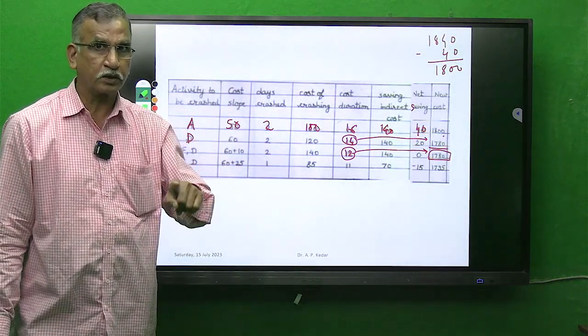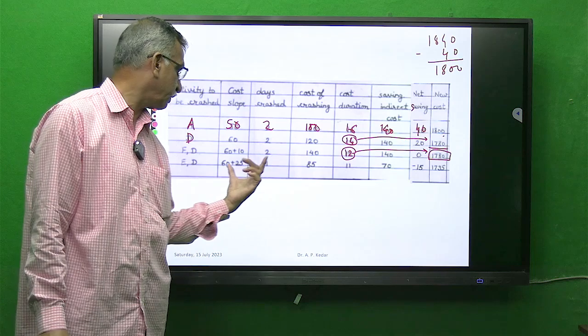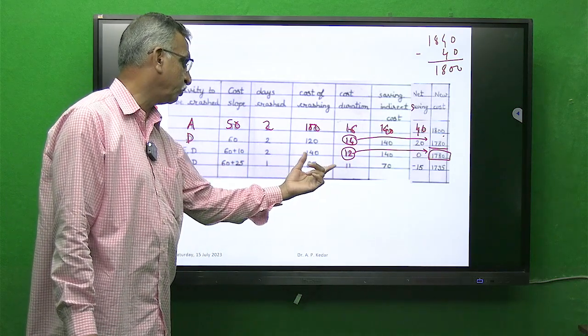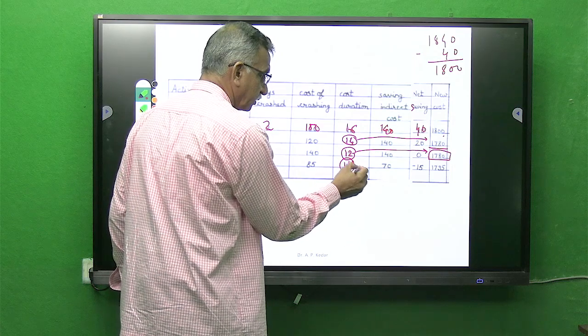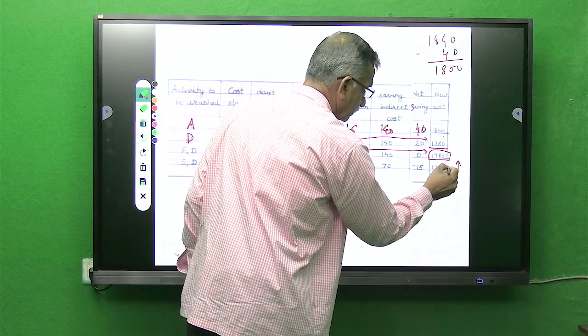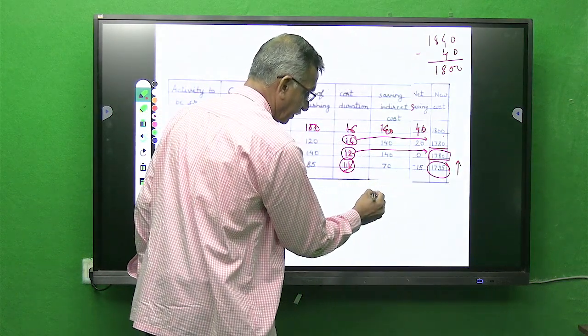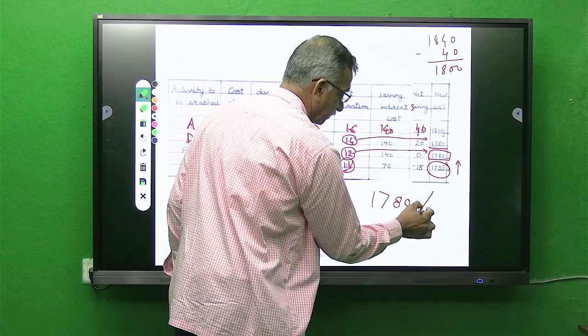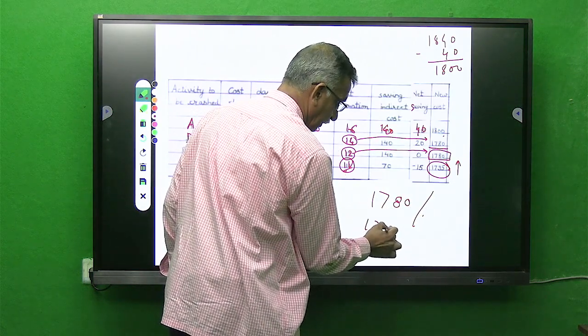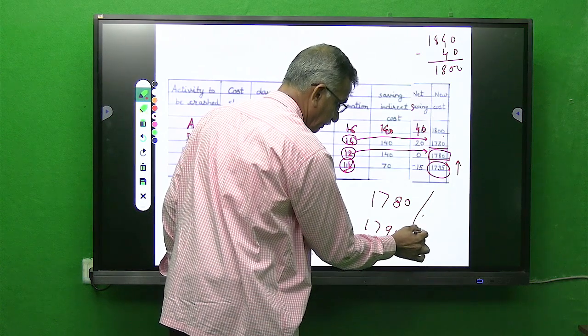Importantly, further, if you again intentionally try to reduce the duration from 12 to 11, see your cost has increased. So compare 1780 with 1795. This has increased.